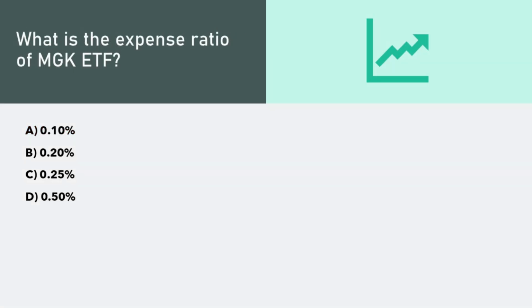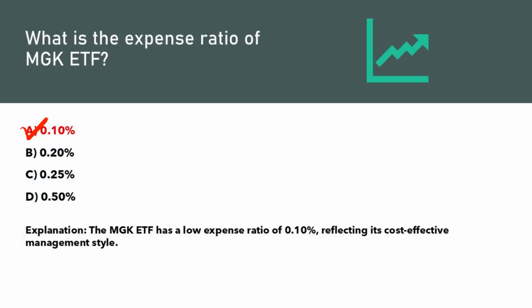What is the expense ratio of MGK ETF? Answer: A. 0.10%. Explanation: the MGK ETF has a low expense ratio of 0.1%, reflecting its cost-effective management style.